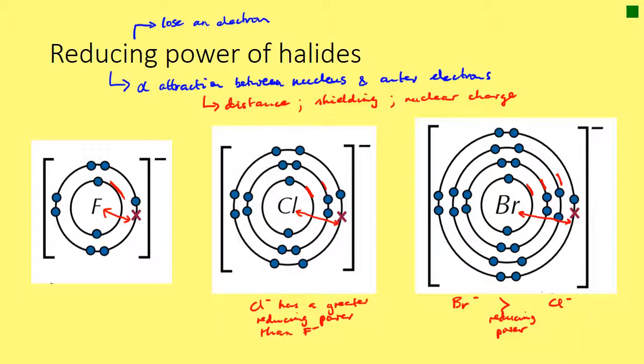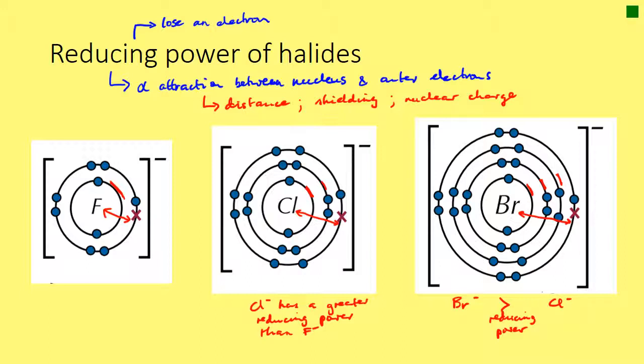And our nuclear charge is quite small actually, because fluorine's got quite a small nucleus. So those three factors mean that the reducing power is quite low, because it's going to want to hang on to that electron that it's just grabbed off something.